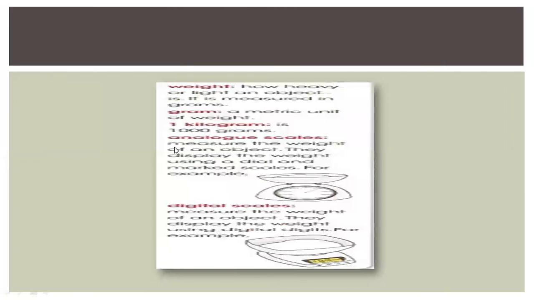So boys, let's first read the definitions of weight, gram, analog scales and digital scale. Maybe you have some problem in reading, so you can open your book page number 28 and see in the vocabulary section it is given. Weight: how heavy or light an object is. It is measured in grams.